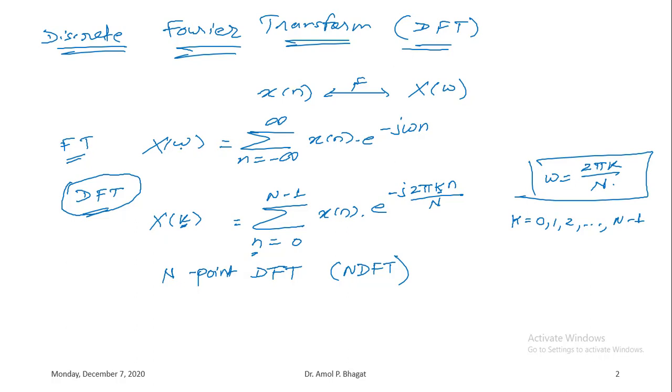Here x of n is represented by only some of the samples, only capital N samples taken from the frequency domain, of the spectrum X of omega. Therefore it is denoted as X of k. Such a frequency domain representation is called the discrete Fourier transform.